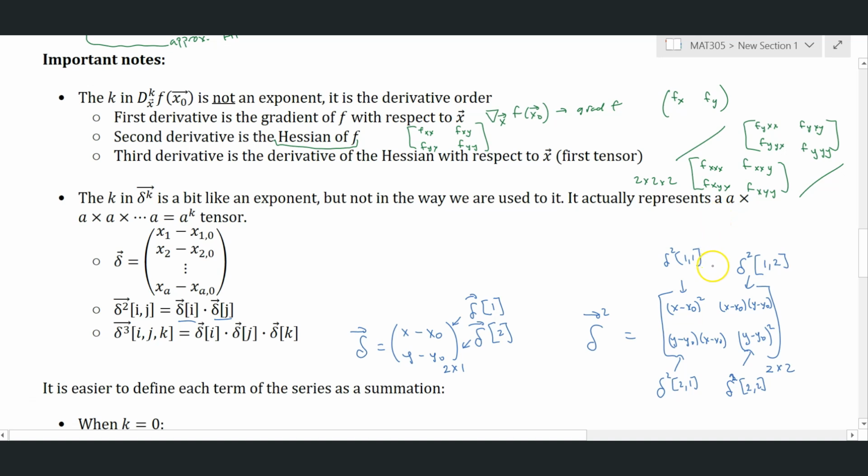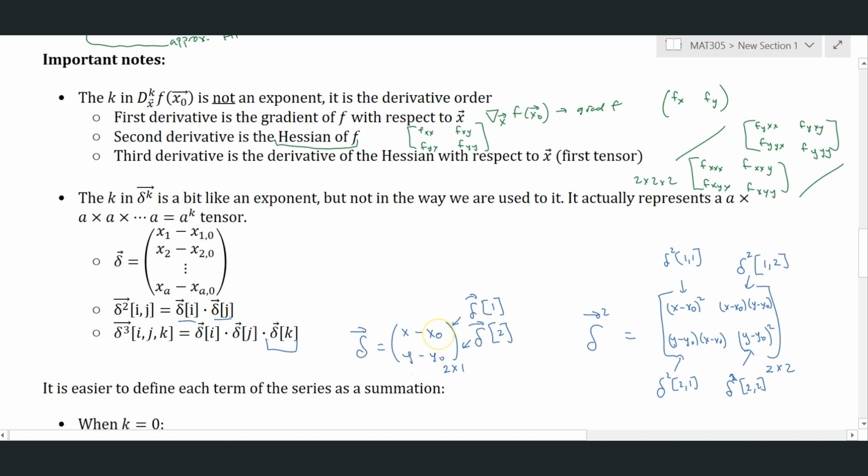So it just means you'd have a second matrix, and in the first matrix, all of these elements would get multiplied by delta 1, right? So you'd have x minus x naught cubed, x minus x naught times y minus y naught times x minus x naught. All of these would get multiplied by x minus x naught. And in the second layer, all of these same delta squared components would get multiplied by y minus y naught.